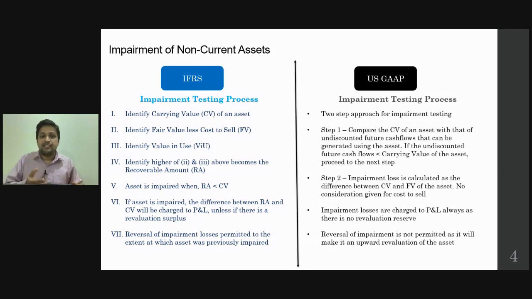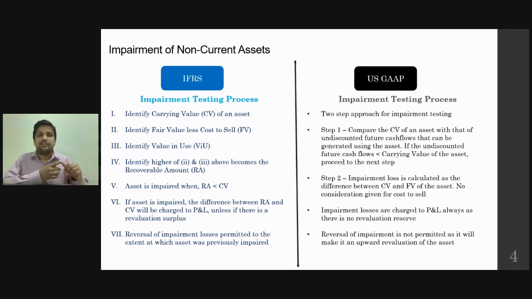The recoverable amount of an asset is the higher of fair value less cost to sell and value in use. Fair value is the market value of an asset and value in use is the present value of the future cash flows that can be generated by using an asset. So fair value and value in use must be compared, and we need to identify the higher value of these two, and that becomes the recoverable amount.